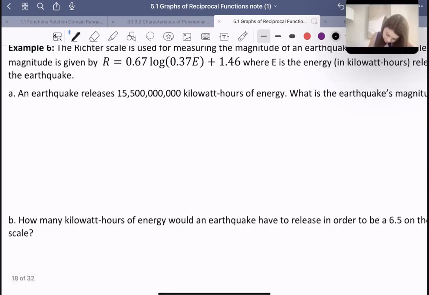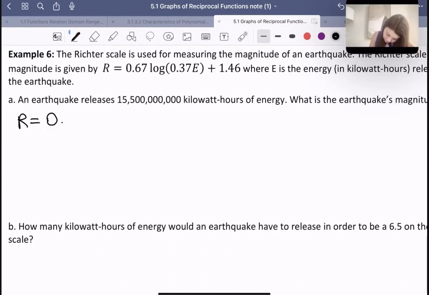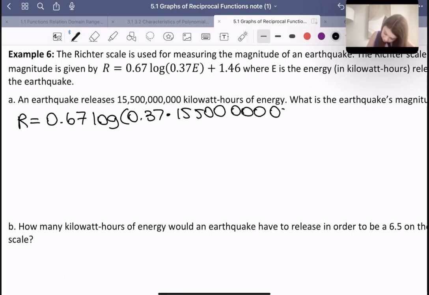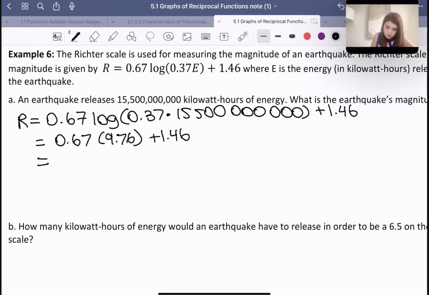R is equal to 0.67 log of 0.37 times 15,500,000,000 plus 1.46. And that's going to be equal to 0.67 times about 9.76 plus 1.46, which brings us to about 8. So this is going to have a Richter scale of 8.